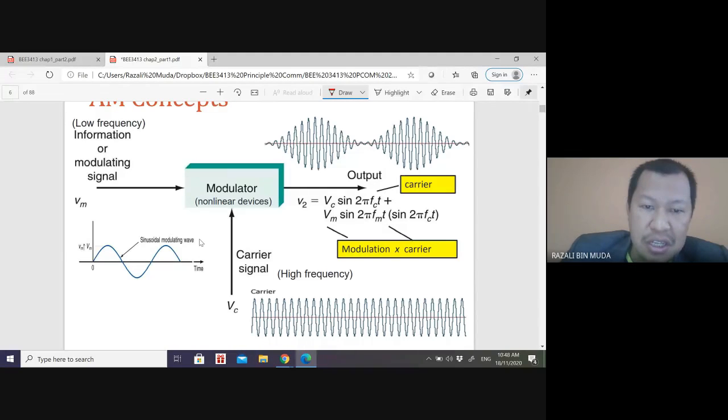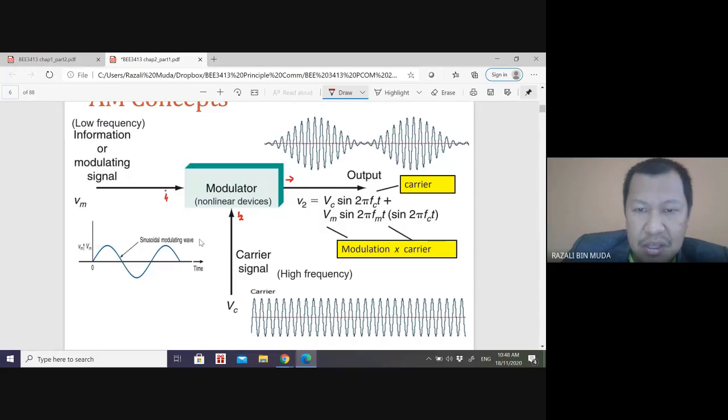So kalau tengok kat sini, there are two inputs into this device. One is input satu, and another one is input dua. Okay, so this is the output.